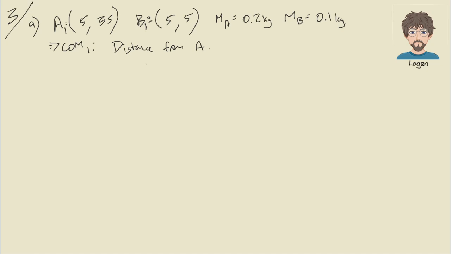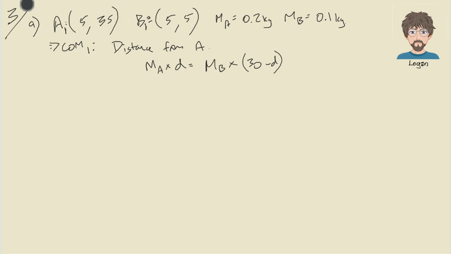We've got mass A times D equals mass B times, in this case, the difference between the two is 30, 30 minus D, just looking at the y values only. And so we get MA times D equals MB times 30 minus D.